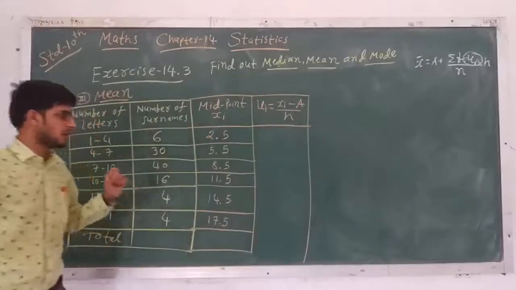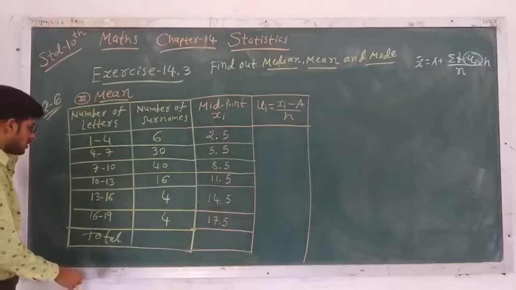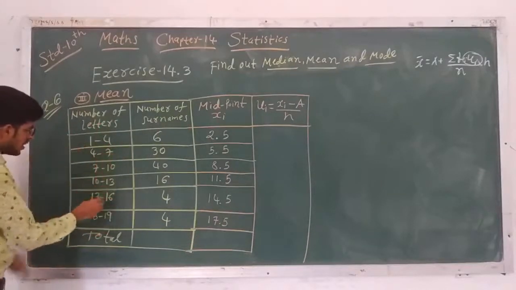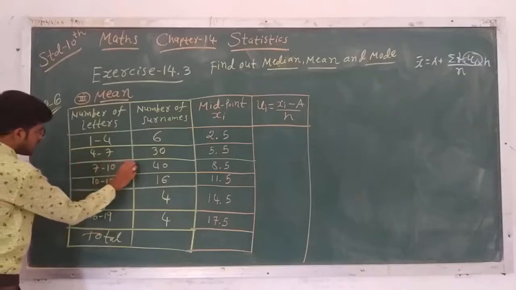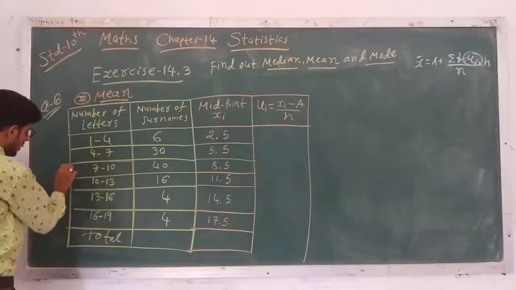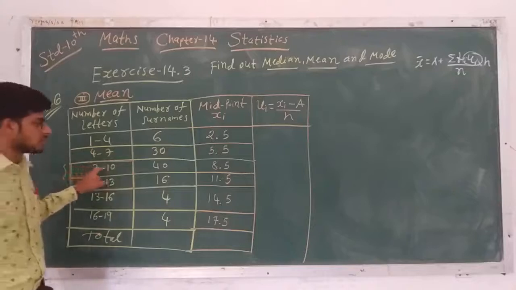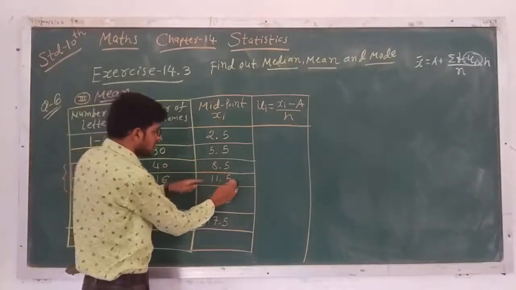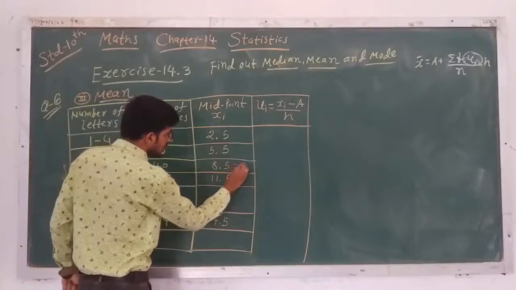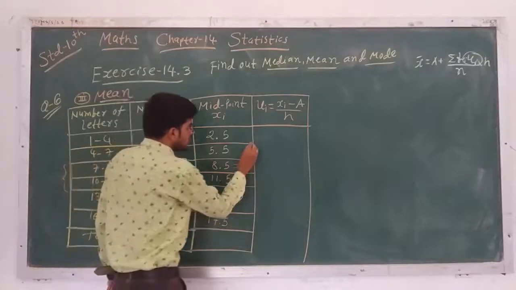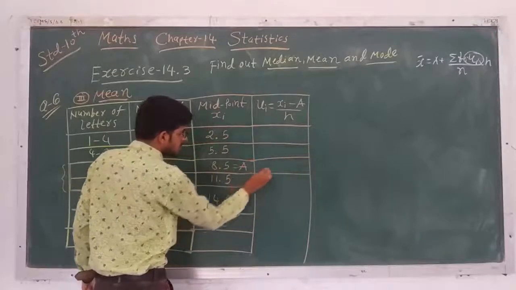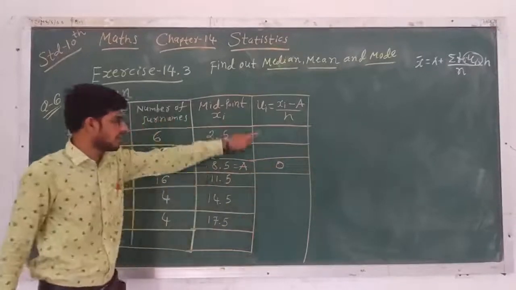We have to assume a mean a. Total number of classes are 6, so 7 to 10 and 10 to 13 are middle classes. Let us suppose a is 8.5. Then ui for a is 0.